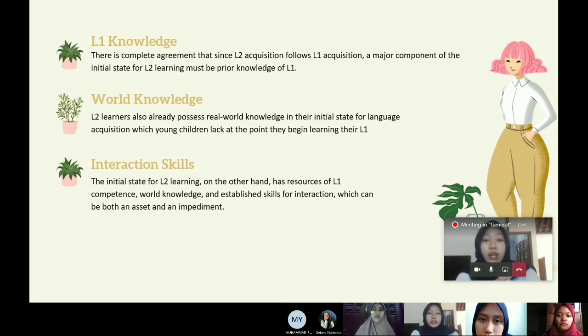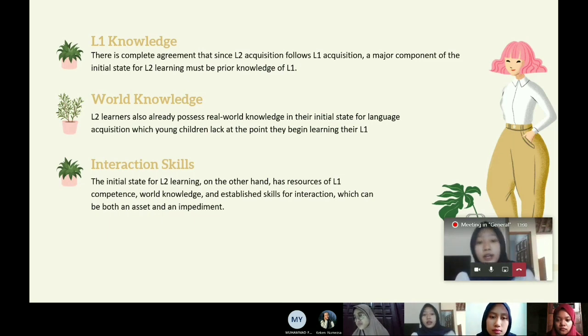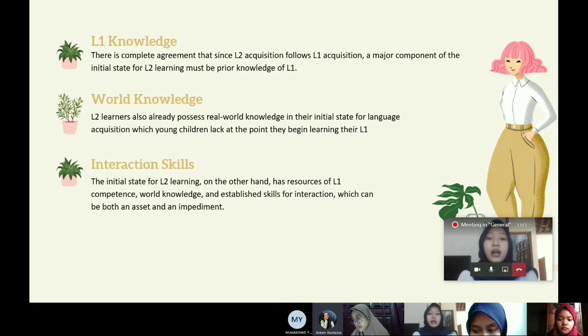2. The initial state for L2 learning also includes knowledge of means for accomplishing such interactional functions as requesting, commanding, promising and apologizing, which have developed in conjunction with L1 acquisition but are not the L1 initial state. 3.